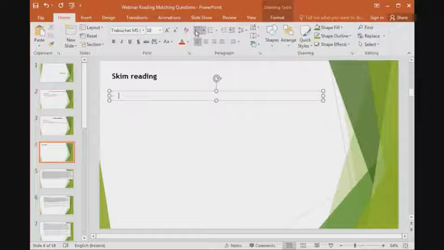So when we skim, what exactly are we looking for? Yeah, so you're looking at the main idea, the main thoughts of the paragraph.